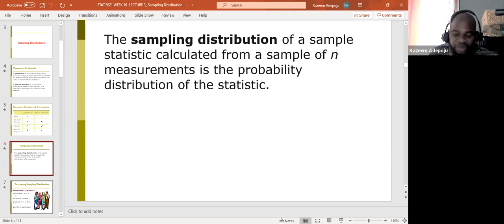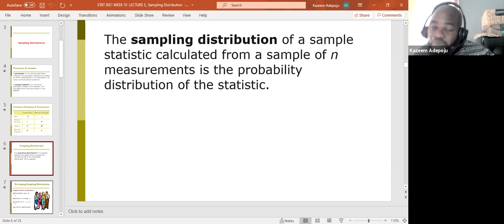So that is what the sampling distribution is talking about. The sampling distribution is a probability distribution of a sample statistic, which will enable us to know the possible values of the statistic that we can have with the corresponding probabilities.